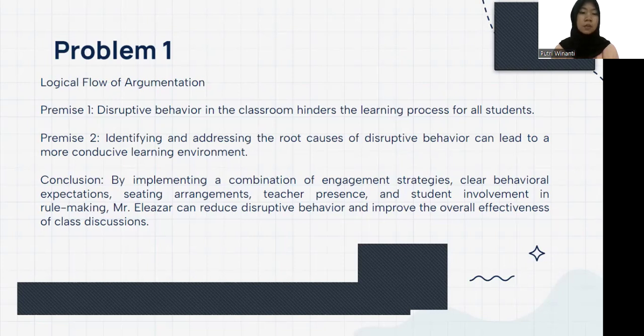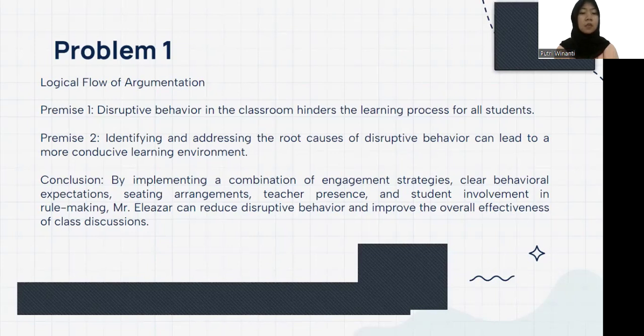The logical flow of argumentation: the first is that this disruptive behavior in the classroom hinders the learning process for all students. The second is that identifying and addressing the root causes of disruptive behavior can lead to a more conducive learning environment.